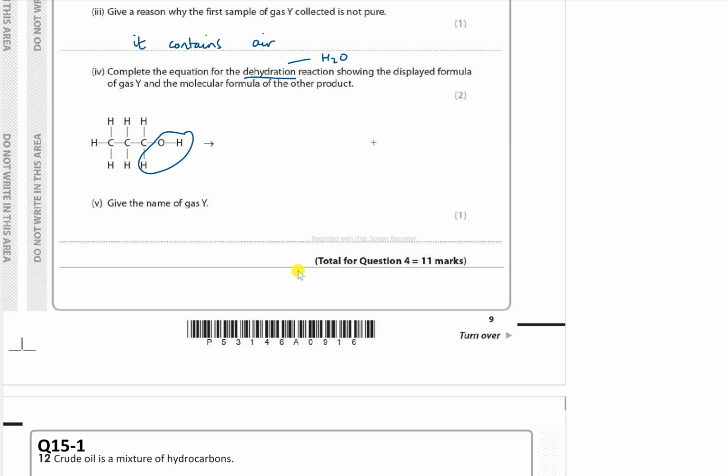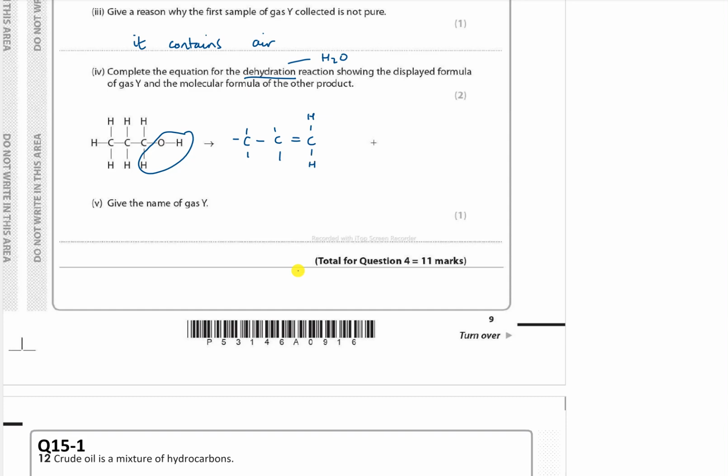Right, when we complete the equation, okay. So you've got C, you've got that, what do we have there? We have one. Right, we'll put a double bond here. 1, 2, 3, 4.